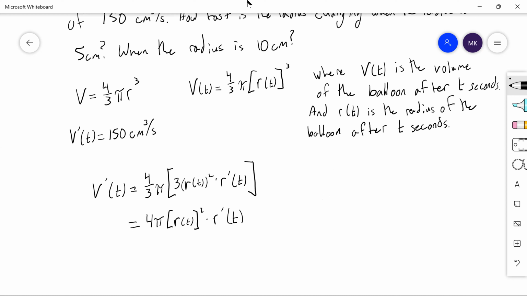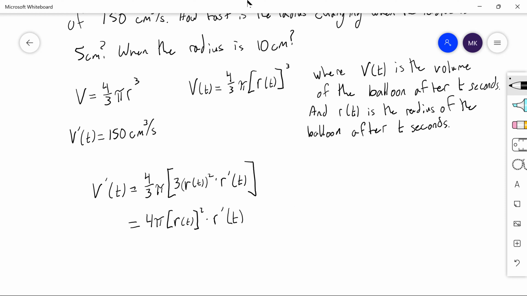Because when we do implicit differentiation, if we have something like this, we treat that y as some y of x. And that's why when we take the derivative, we get a dy dx. Here we're just using function notation right off the bat instead of using random variables.